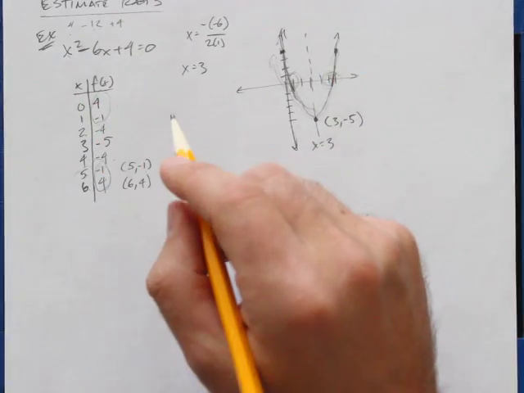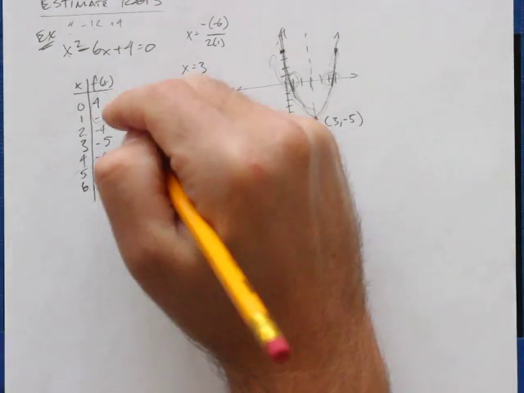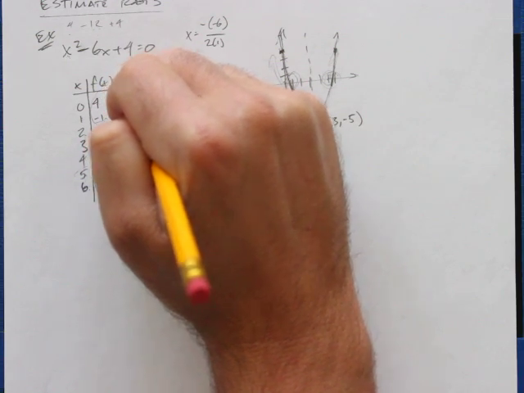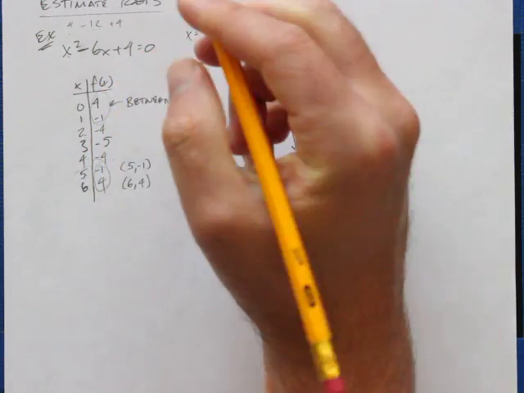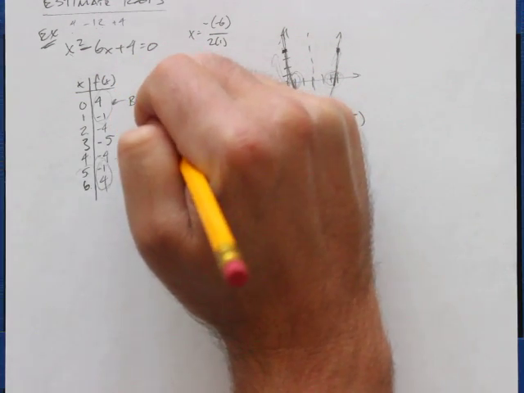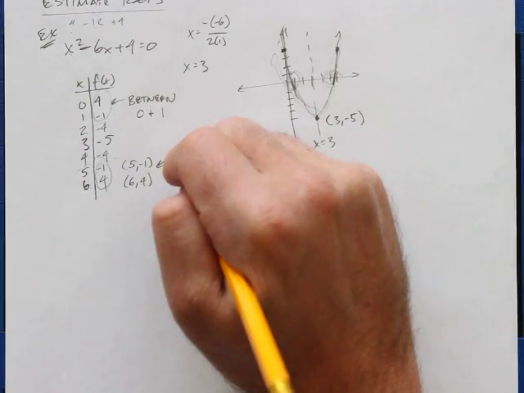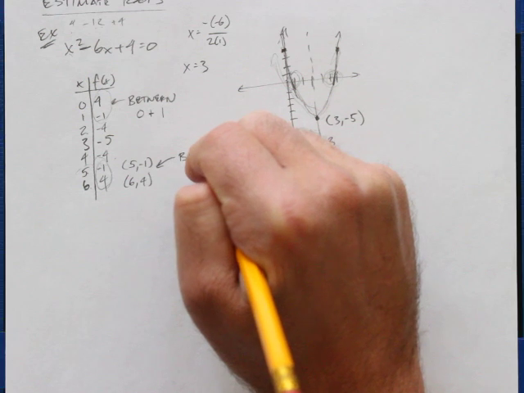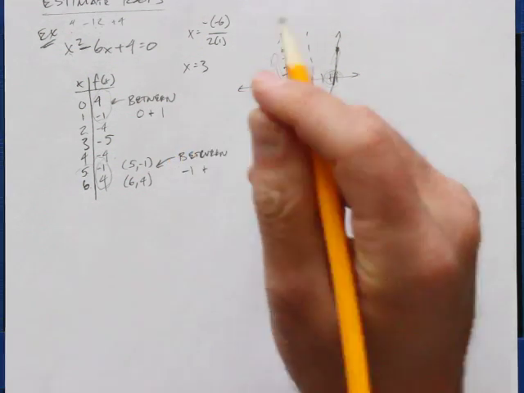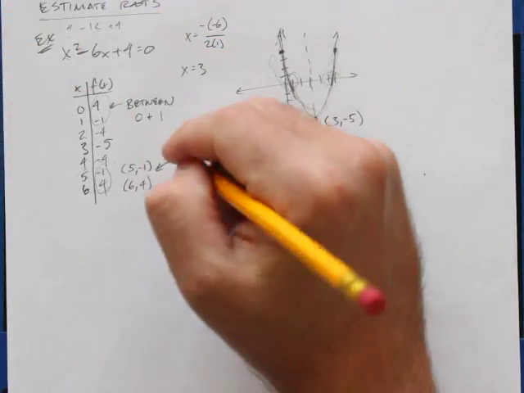So I'm going to estimate that the graph is going to cross the x-axis between 0 and 1, and it's also going to cross between, sorry, 5 and 6, positive 5 and positive 6.